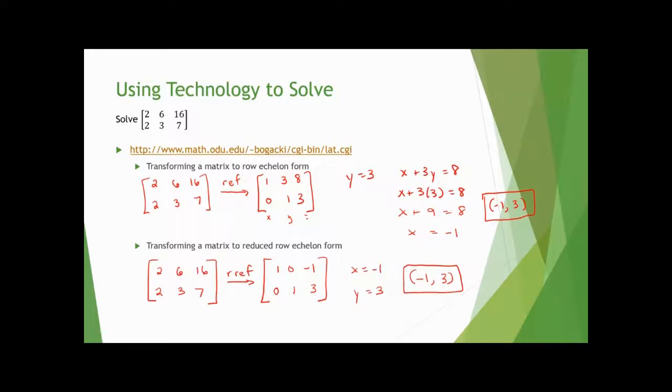That's the work that I expect when you're solving with either row echelon form or reduced row echelon form, the Gaussian elimination or the Gauss-Jordan. Any questions on the expectations of what to show for that?